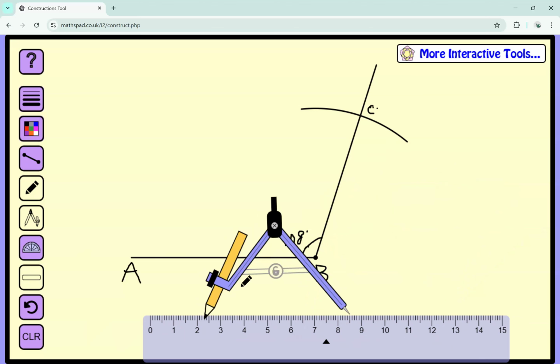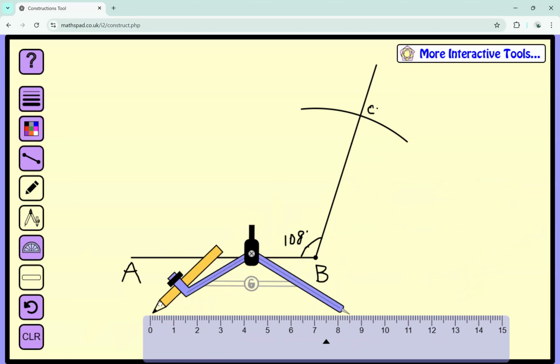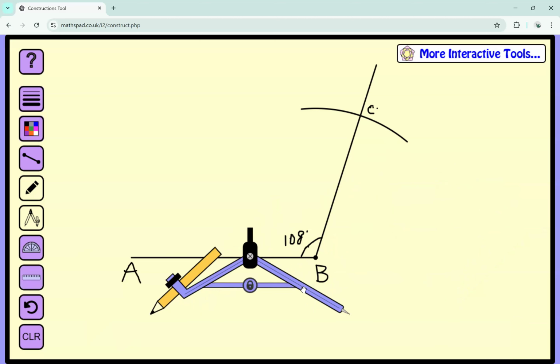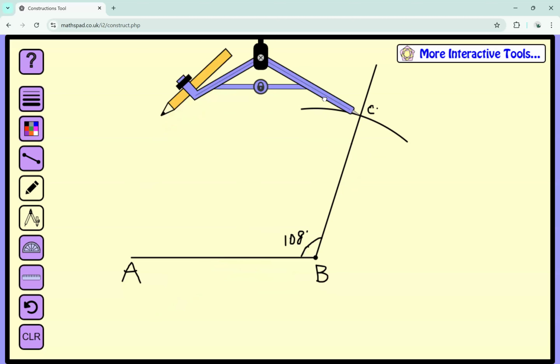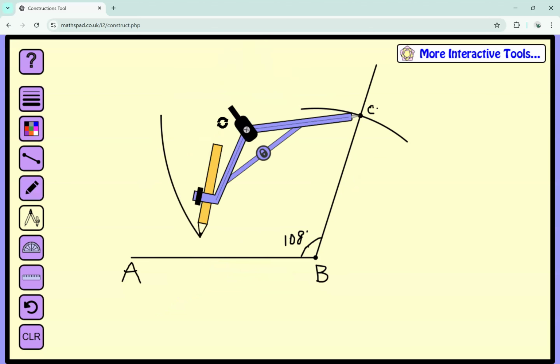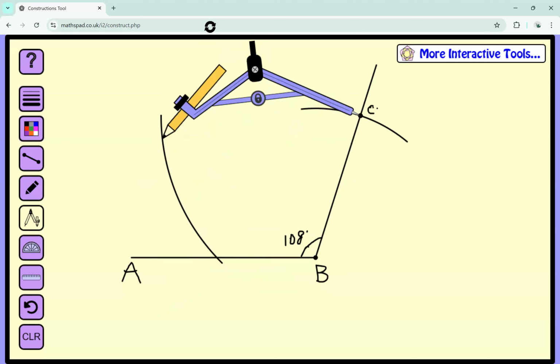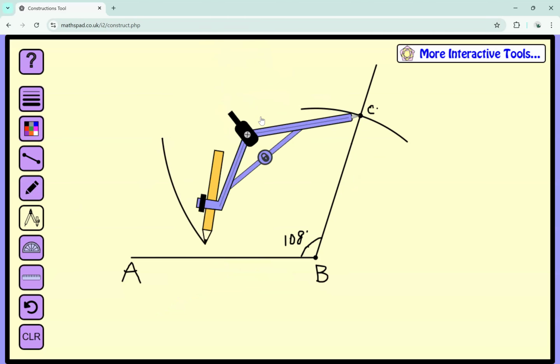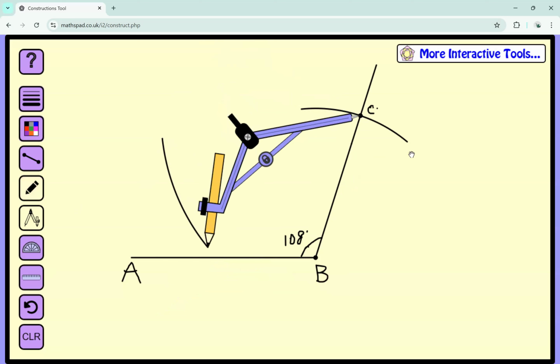Unlock, and pull this to 8.5, then lock it back and put the ruler there. So CD is 8.5, and now we want to locate point D. We just draw it out like that. Maybe too long, but let's draw, like that.